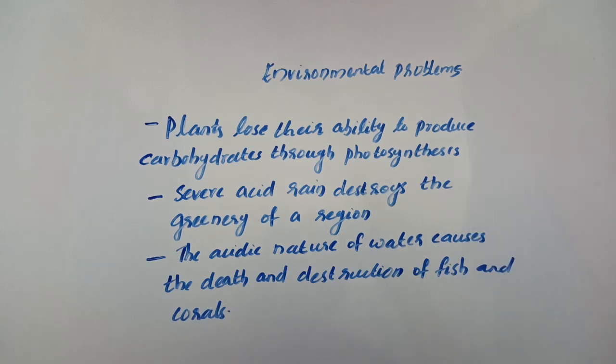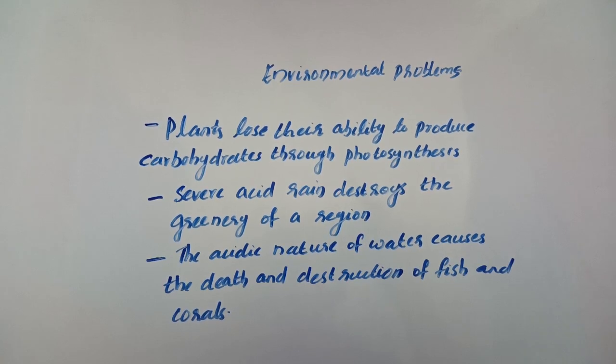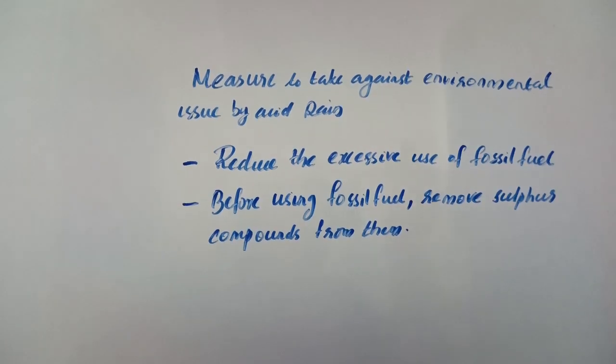These are the environmental problems. Next, we have to discuss measures to take against the environmental issue caused by acid rain. First, reduce the excessive use of fossil fuel. Second, before using fossil fuel, remove sulfur compounds from them. These are the two measures.